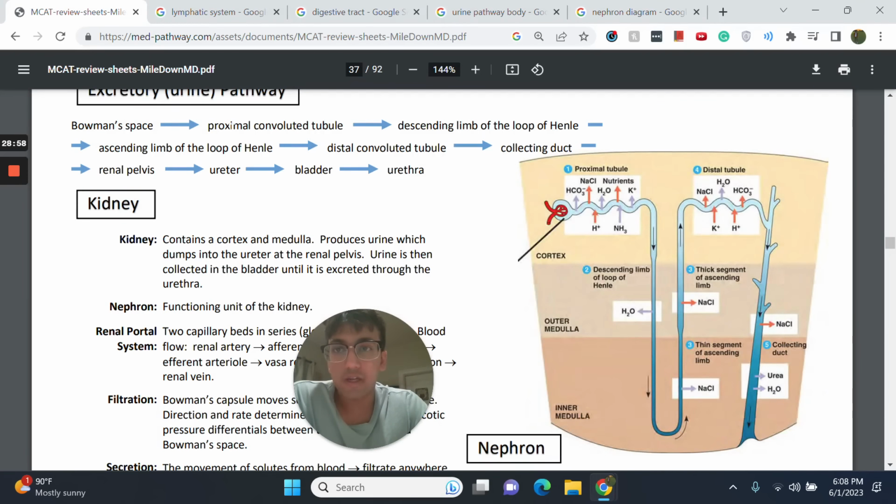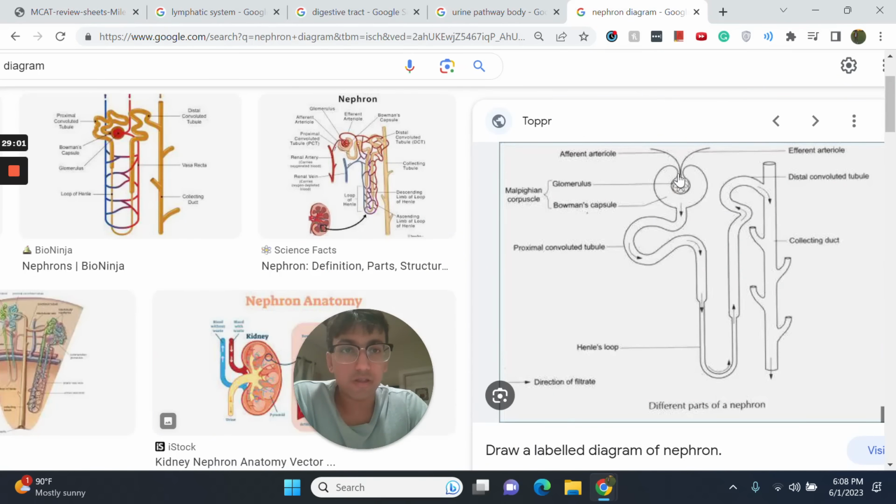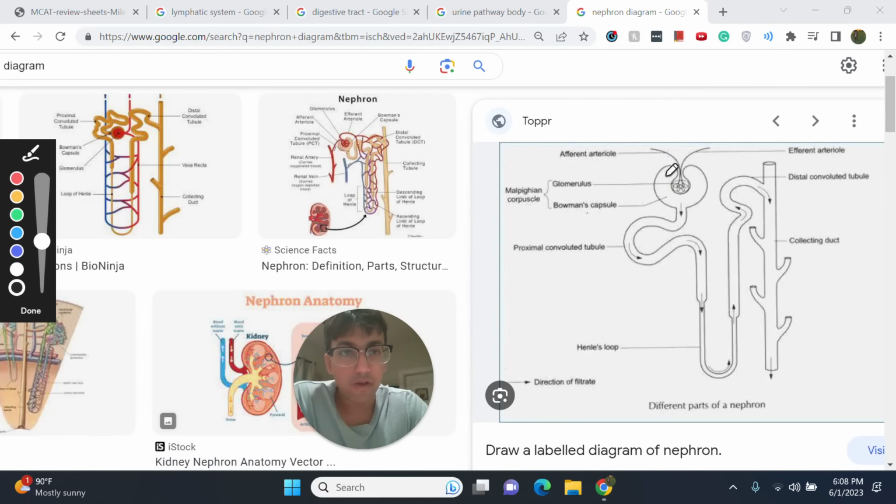So if you understand that, you'll know that first there's this glomerulus, right? The glomerulus is the first part, and this is all blood over here, right? And so all this liquid and all these nutrients are going to pass through the glomerulus, right?